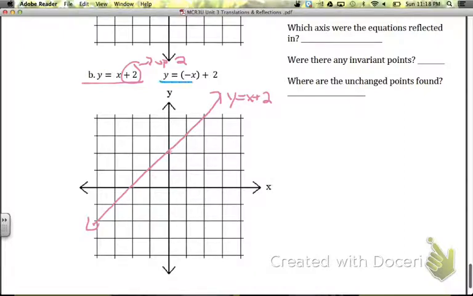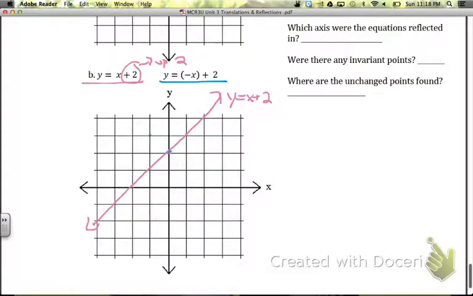So now in y equals negative x plus 2, the same thing is going to happen as it did in our last example. Each of the x values will now change sign. So if they were positive, they will become negative. If they were negative, positive. So notice that the point here at (0, 2) will stay the same.